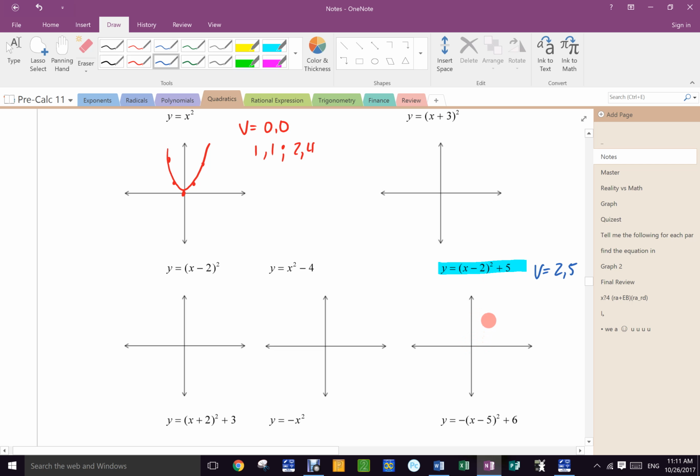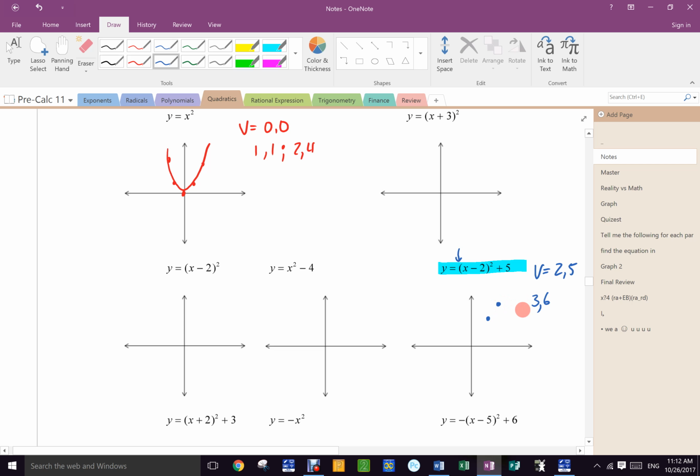So I go right 2 and I go up 5. Is there a stretch? No. So it's over 1, up 1. Everyone agree? So what's 1 to the right of 2? 3. What's 1 up from 5? 6. So I've got 1 here at 3, 6.